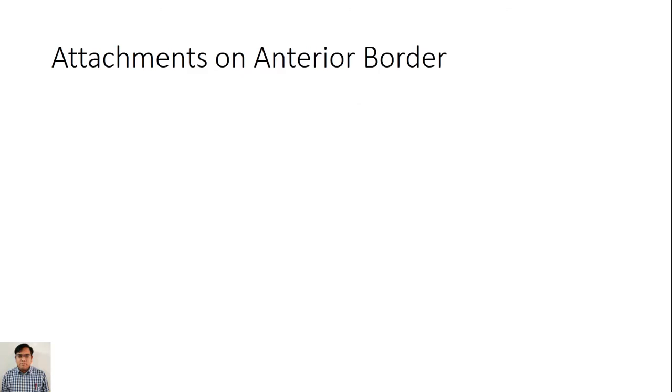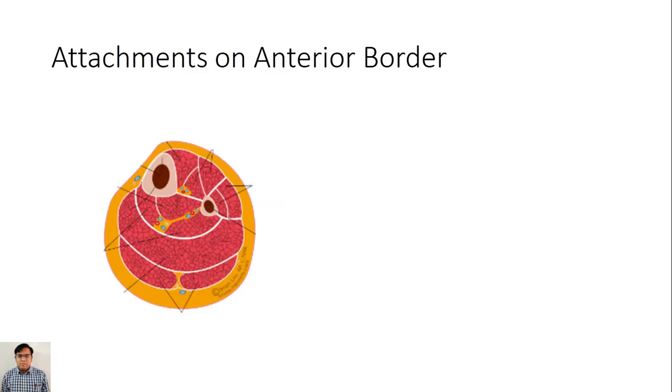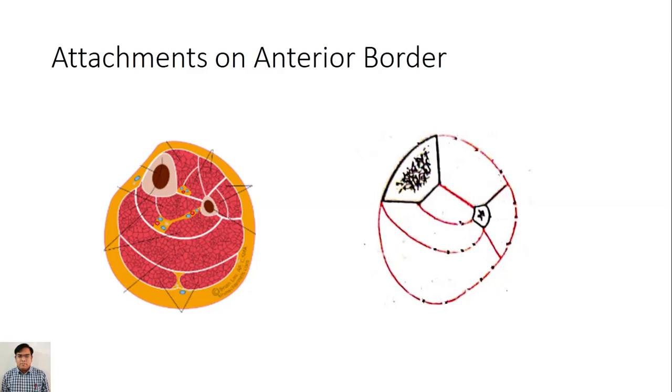Now the attachments on the anterior border. This is the transverse section of the leg showing tibia and fibula, simplified in this photograph, showing the different intermuscular septa. This green line shows the attachment on the anterior border.